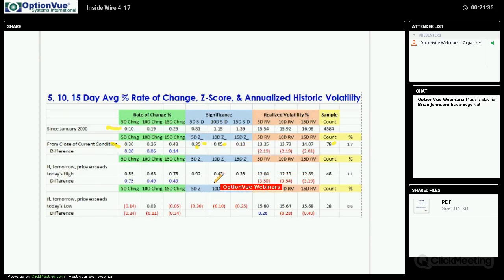Okay, and now if the market goes above today's high, you can see here that the z-score goes and it's pushing 1. And here it's not even half, 0.35, so it gets reduced a bit. Now if it goes below today's low or yesterday's low, you can see similarly z-scores well under half a standard deviation to the downside there.